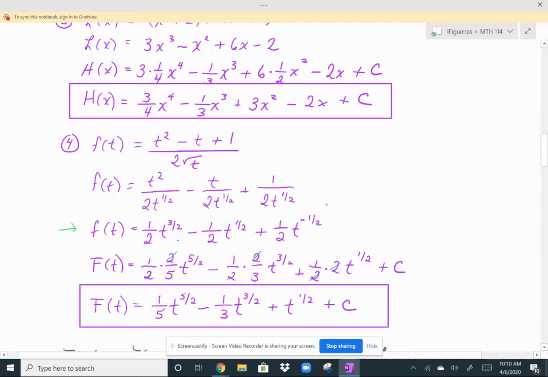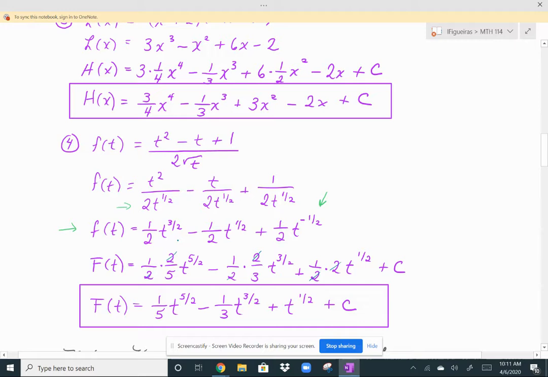And in the last term, I just moved the t up to the numerator and wrote it as t to the negative 1/2. Notice that the 2 remains in the denominator. That's fine. So it basically creates a coefficient of 1/2 in front of each of the terms.